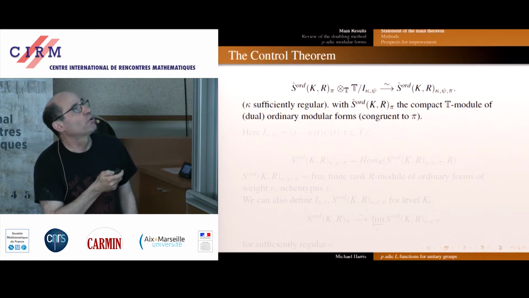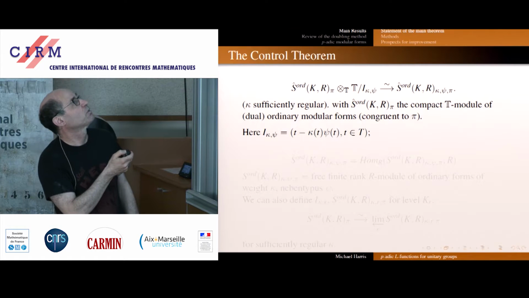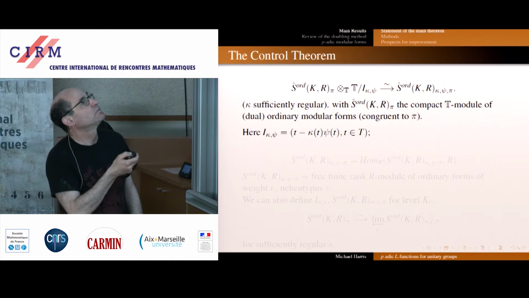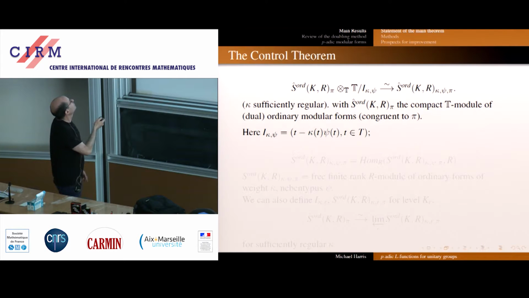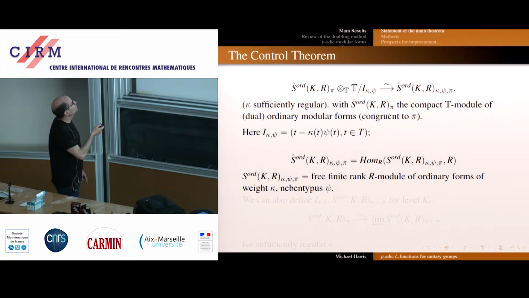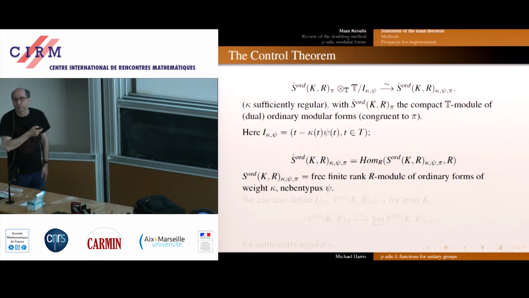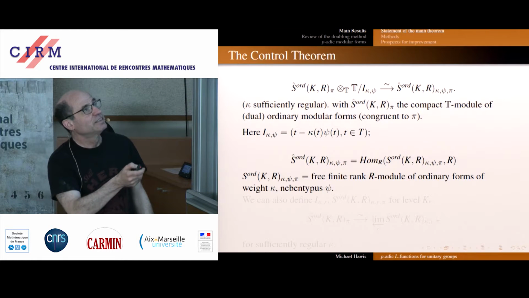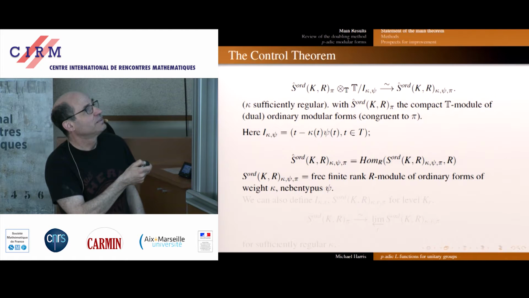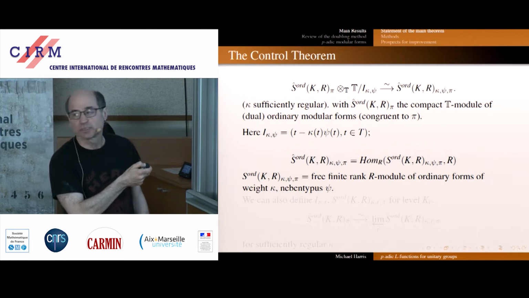And the control theorem says that when you specialize, which means taking the quotient by some ideal generated by the difference between generators of T and the value of characters, you get something almost classical, except not quite, because you take the dual. So this thing here, these are ordinary modular forms, that is the classical modular forms of weight kappa and Nebentypus c that are ordinary and then localized at the maximal ideal corresponding to pi.